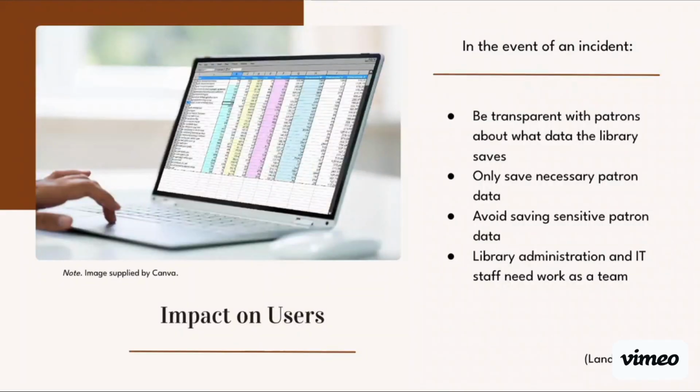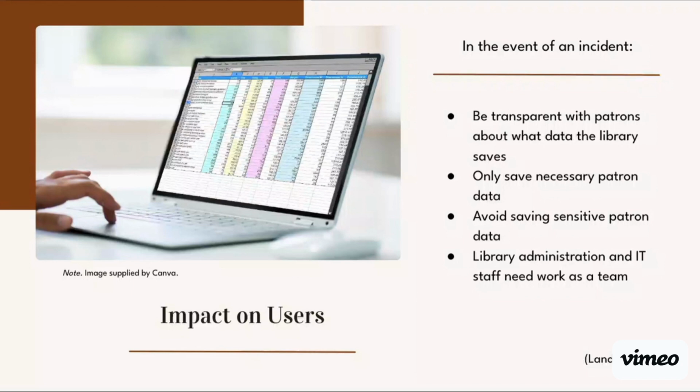As previously stated, no security system is ever going to be able to 100% prevent ransomware and cyber attacks. But in the event that one does happen at your public library, be sure to be transparent with patrons about what data the library saves. It is often a good policy for libraries to avoid saving sensitive patron data.